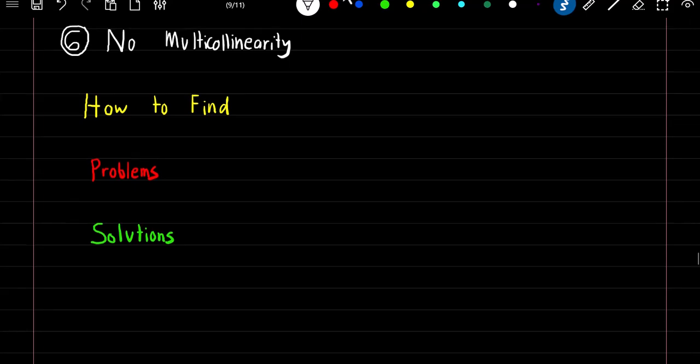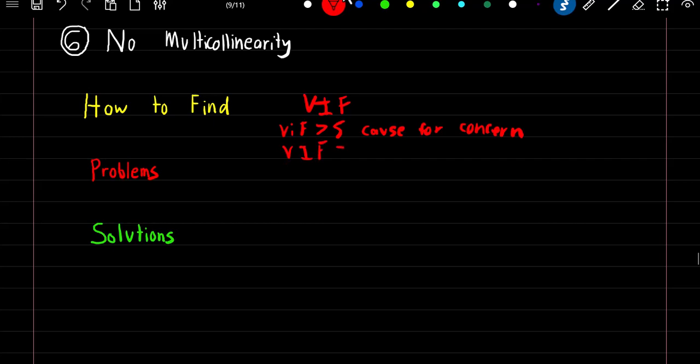The final assumption of linear regression is no multicollinearity. You'd find it in linear regression using variance inflation factors. A variance inflation factor above 5 is cause for concern, and a variance inflation factor above 10, you have a problem.